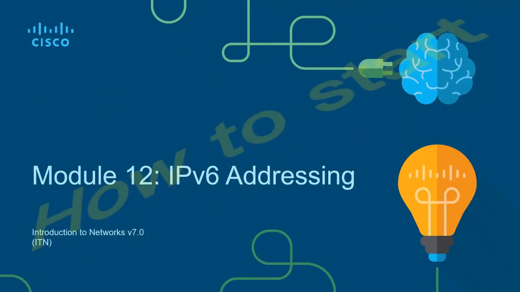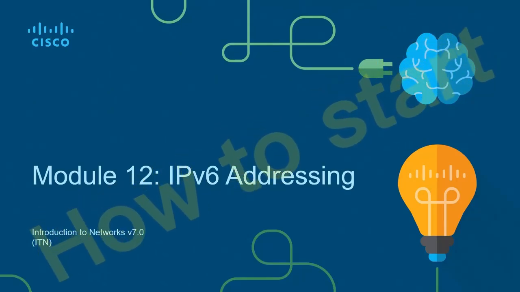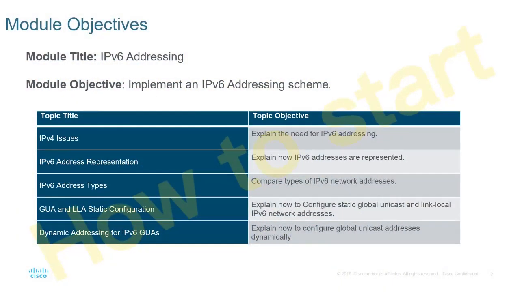Module 12, IPv6 Addressing. So we're going to be looking at, first of all, what are the issues with IPv4 that made us move to IPv6? We're going to talk about IPv6 representation, addressing type. Then we're going to look at the types of addressing, global unicast addressing and link local addressing, similar to private versus public addressing for IPv4.